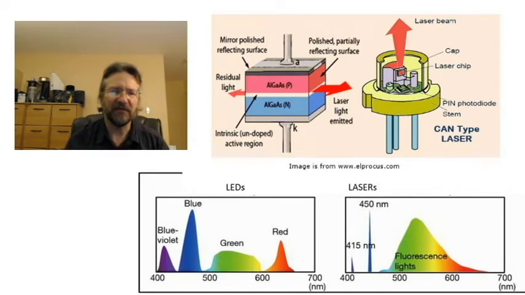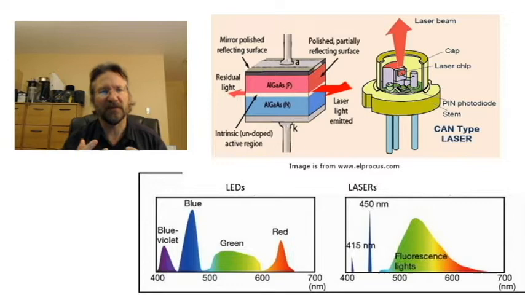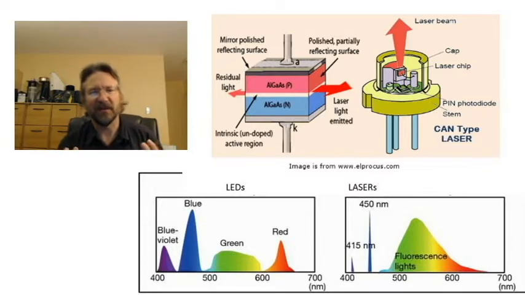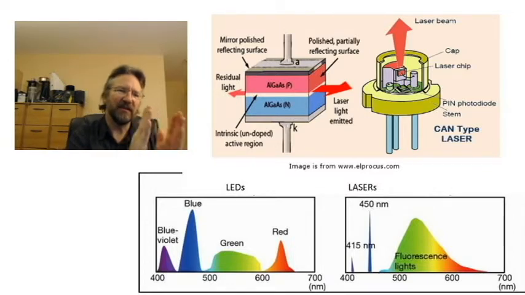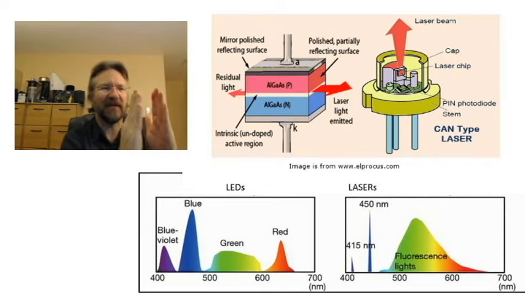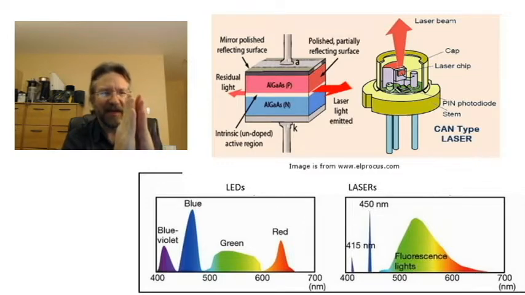And you see the difference on the bottom graphs in terms of the light which is emitted. An LED is relatively sharp, but it has a finite width, whereas a laser, you see on the left of the right plot, is going to be incredibly narrow.